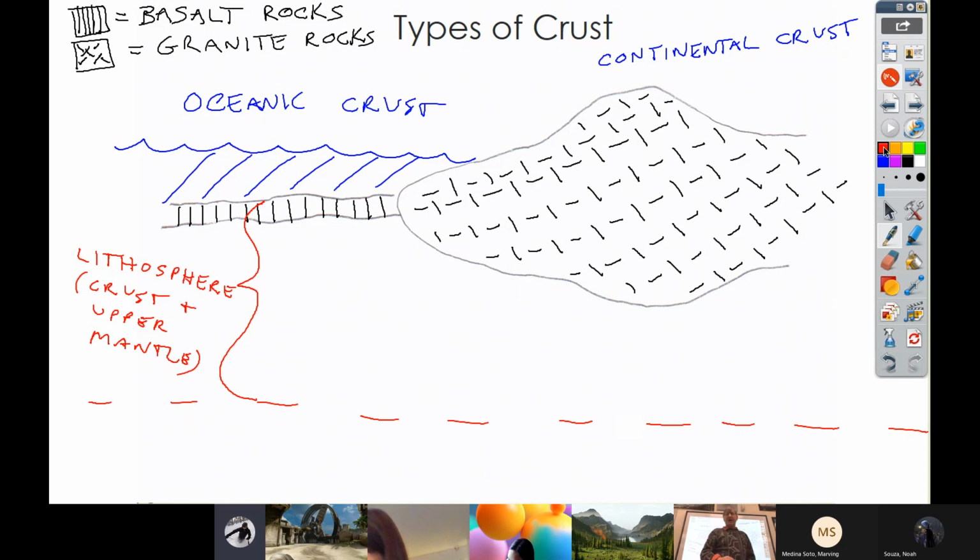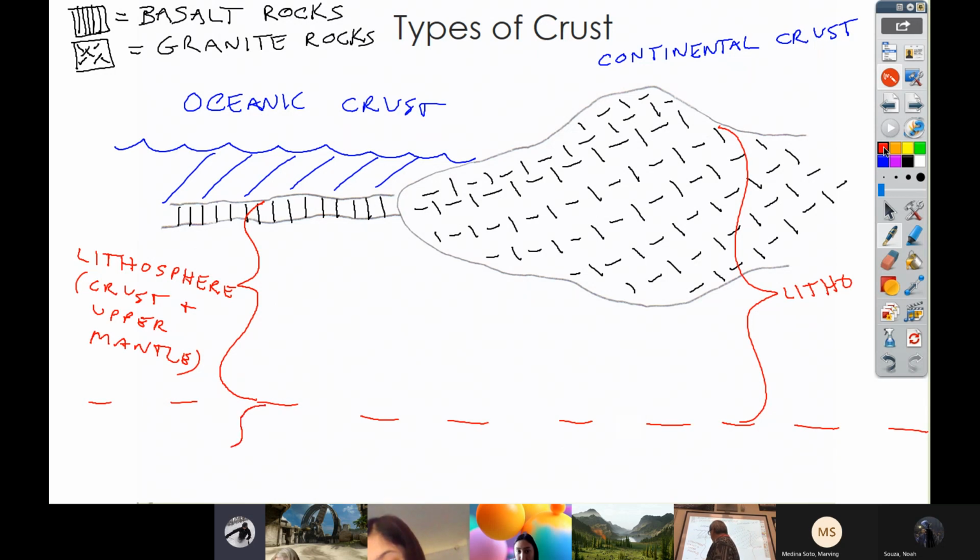So everything from the dotted line up is lithosphere. And that's the same thing over here. If I was to use the continental crust, this would still be lithosphere on this side. Everything from the dotted line downward until you hit the core is going to be asthenosphere.